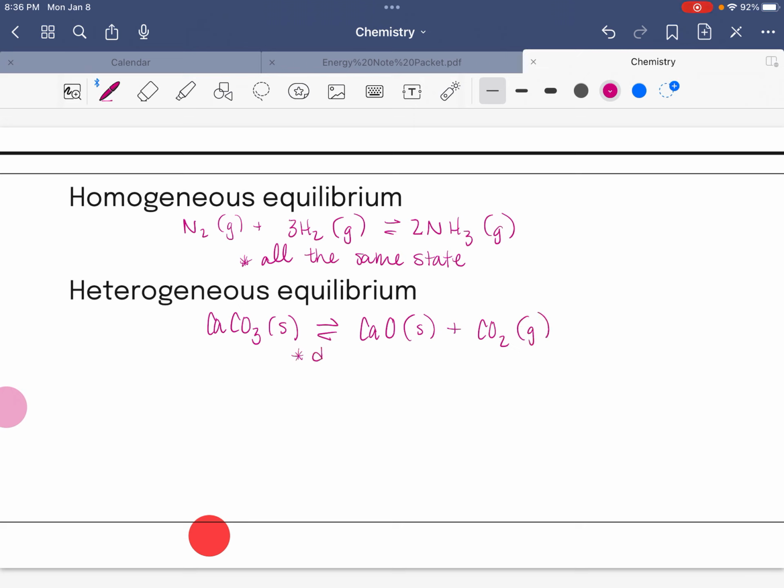Here we have different states of matter, which makes it a heterogeneous equilibrium. One thing to note is that when we are determining the equation for our equilibrium constant K, pure solids and liquids are left out of the expression.